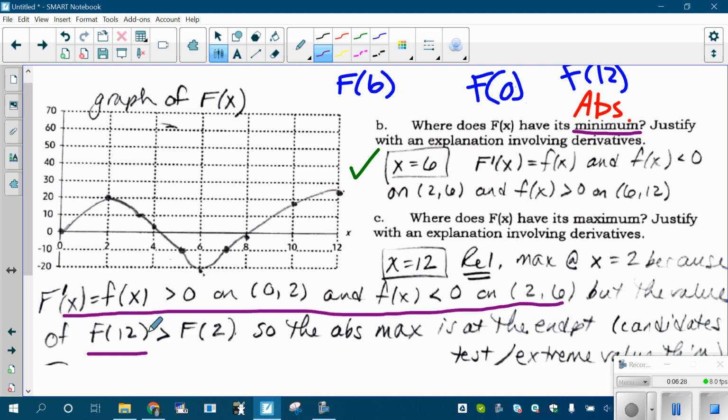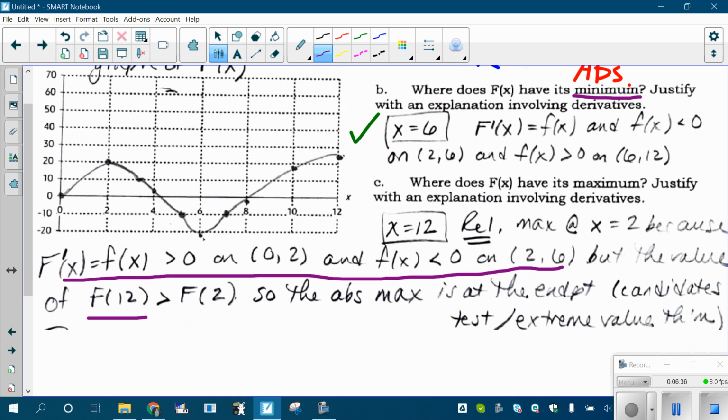And literally, the endpoint has a bigger y value than the relative max. So the absolute max happens at x equals 12. This is called the extreme value theorem. Lemke and the AP sometimes call it candidates test. The candidates for an absolute max are the endpoints and any relative maxes. That's why it's called candidates test.